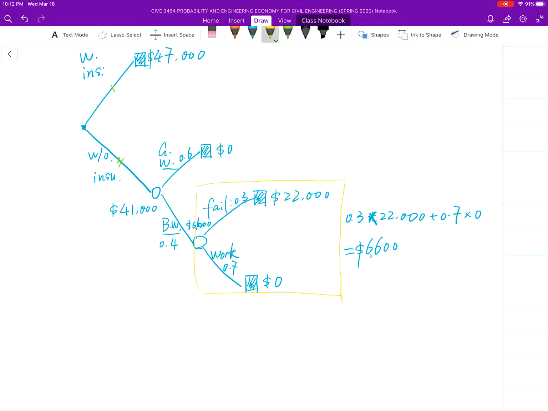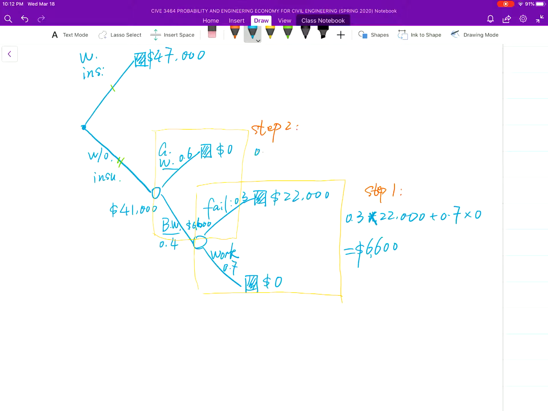Then we consider this part. Again, if it's good weather, 0. If it's bad weather, 6,600 could occur, and each has its own probability. I'll write this is step 1, and for here, this is step 2.